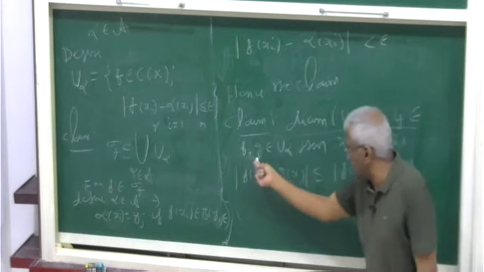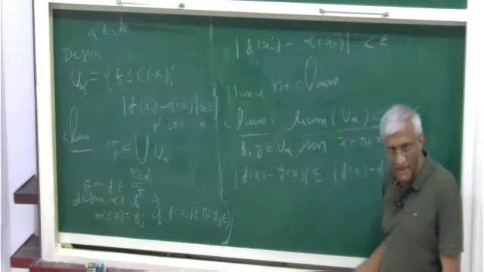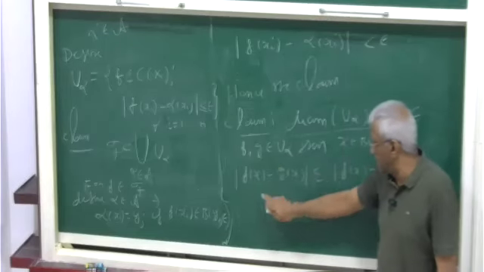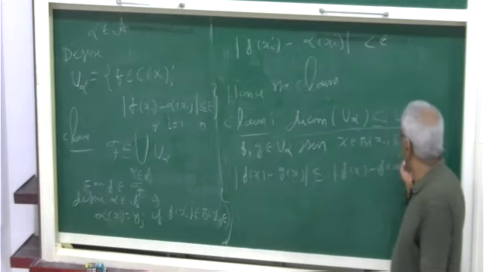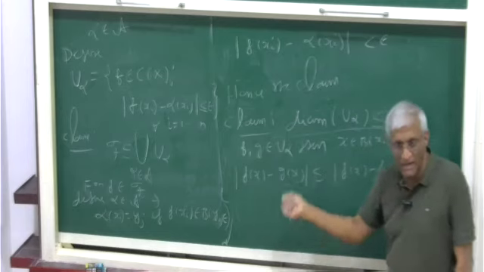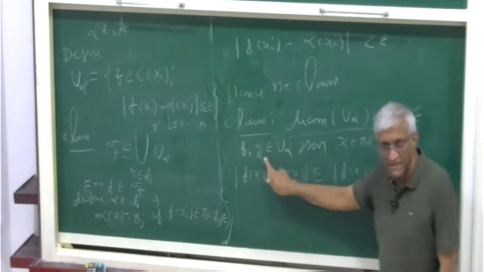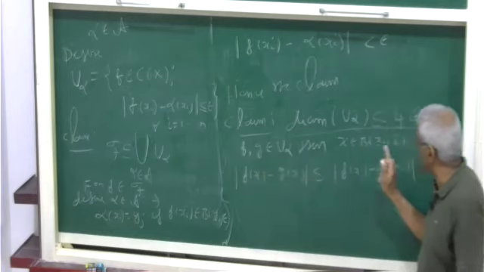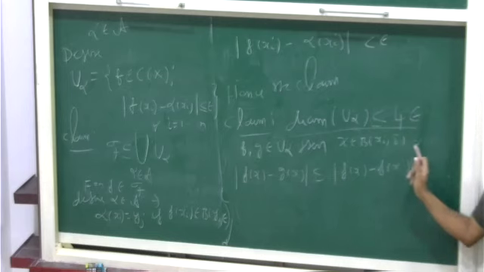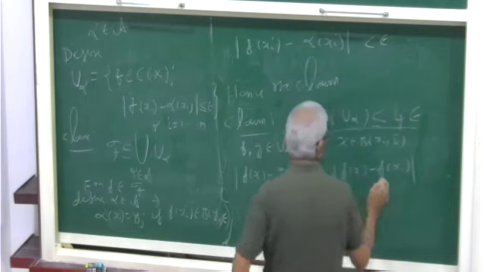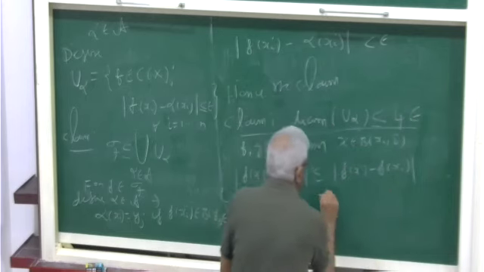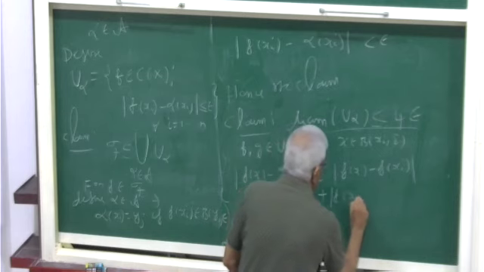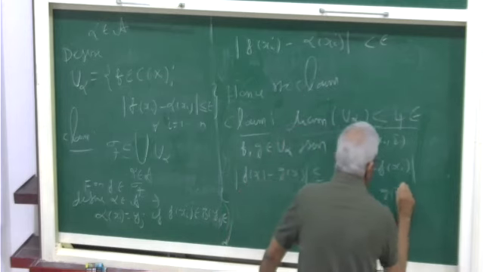To prove this, take f and g in u alpha. Then x has to be in one of those B of xi delta. Now f of x minus g of x is less than or equal to f of x minus f of xi, plus f of xi minus g of xi.